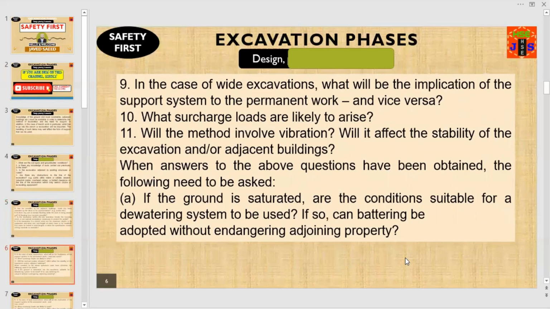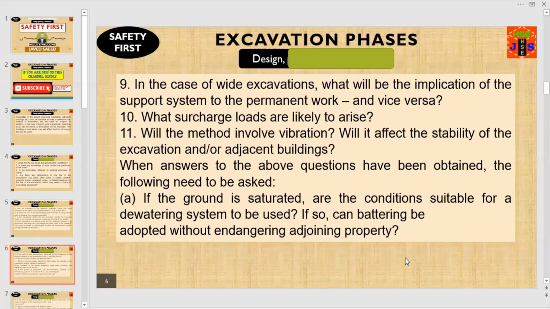Number nine, in the case of wide excavations, what will be the implication of the support system to the permanent work and vice versa? Number 10, what surcharge loads are likely to arise? Number 11, will the method involve vibration? Will it affect the stability of the excavation and our adjacent buildings?